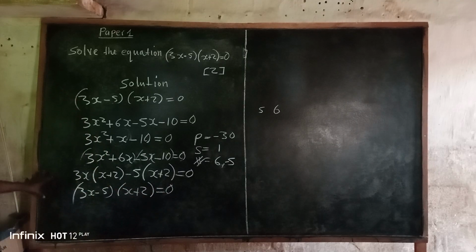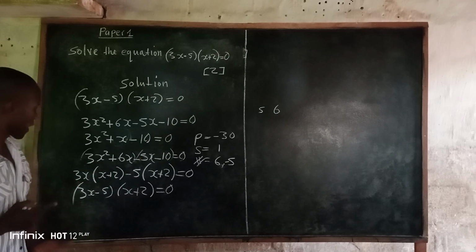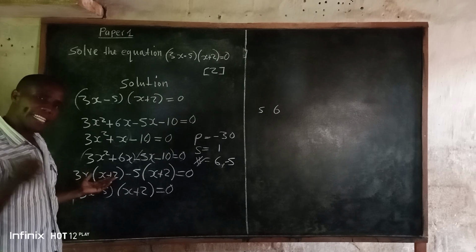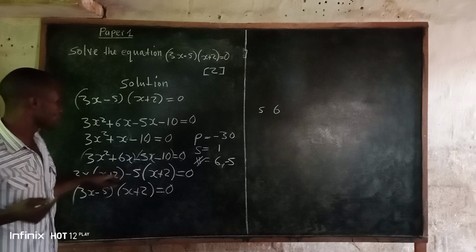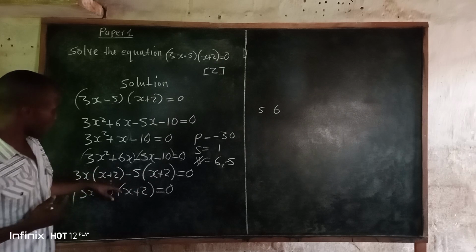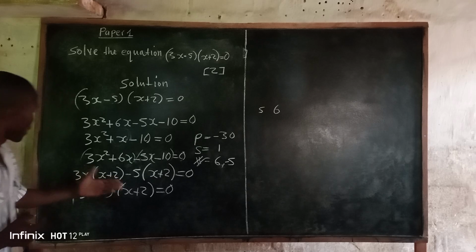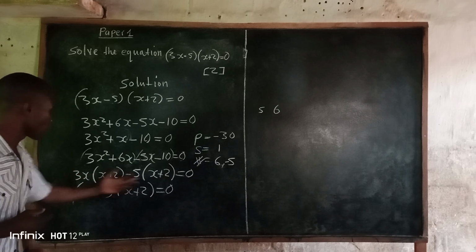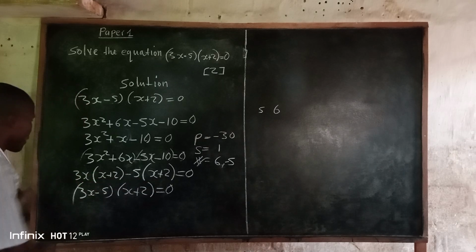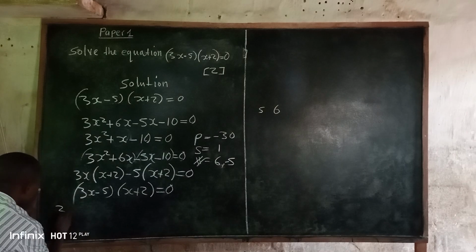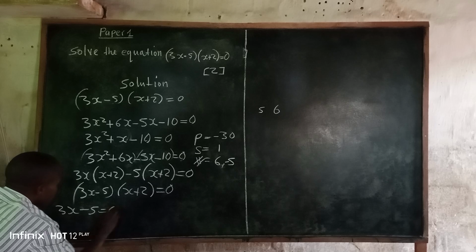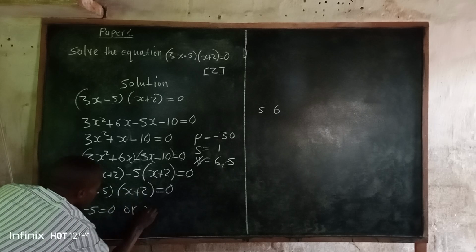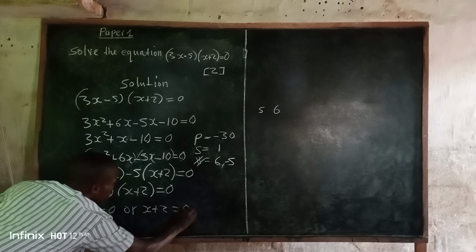And one thing that I want you to know on this one is that always make sure that the factors inside the bracket should be the same. Once you have a different one here, just know that somewhere you have made a mistake. So as you can see here, we have x plus 2, even this side, x plus 2. Then from there, we can now say 3x minus 5 equals 0, or x plus 2 equals 0.